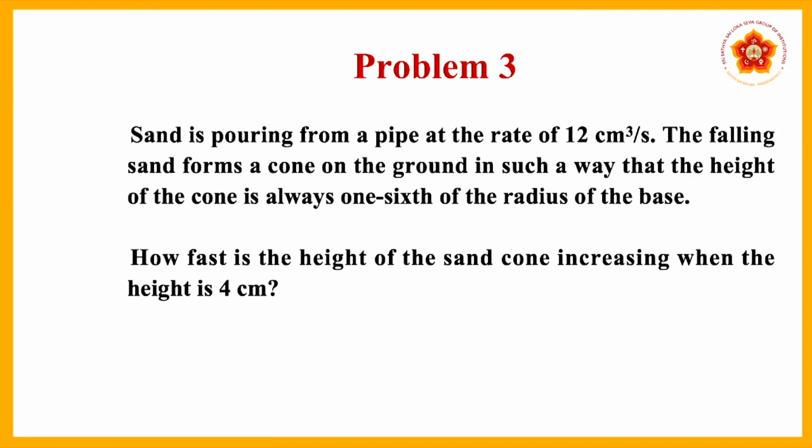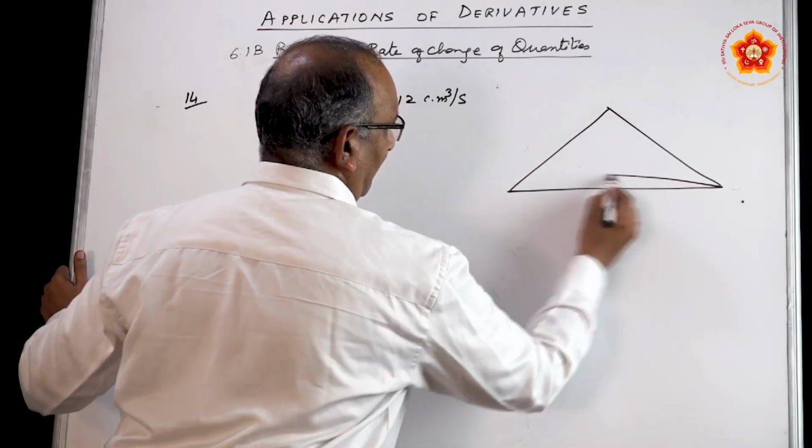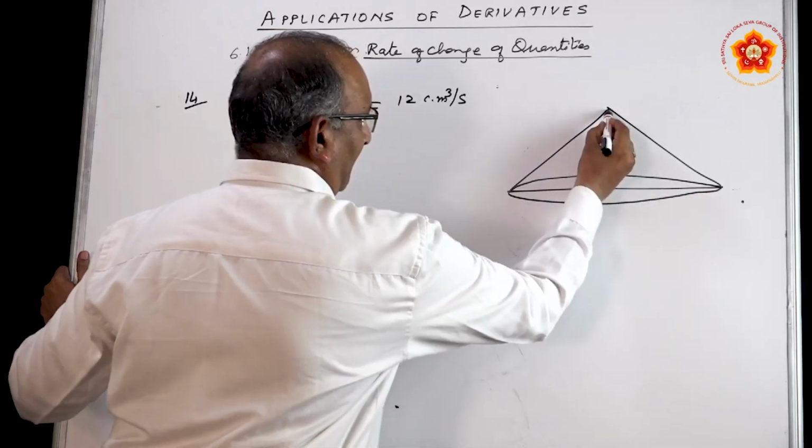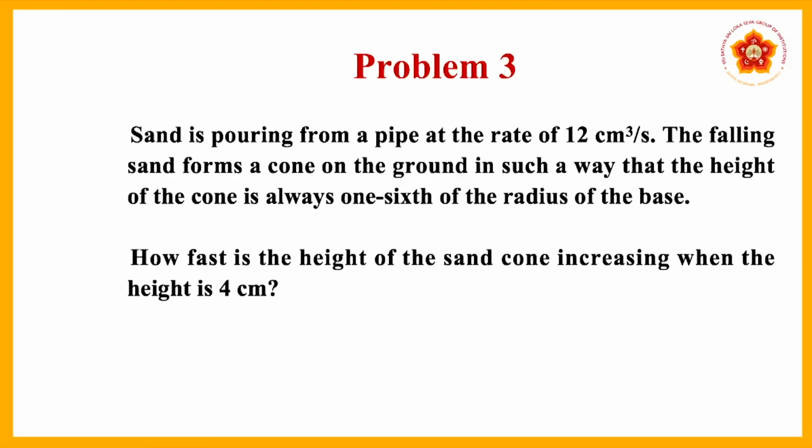So, what he has given is dV by dt. This happens to be the 14th problem of the textbook. dV by dt is equal to 12 centimeter cube per second. Further, he says the falling sand forms a cone. You know, this is the shape of the cone. This is the height, this is the radius. He has given a relationship between these two.